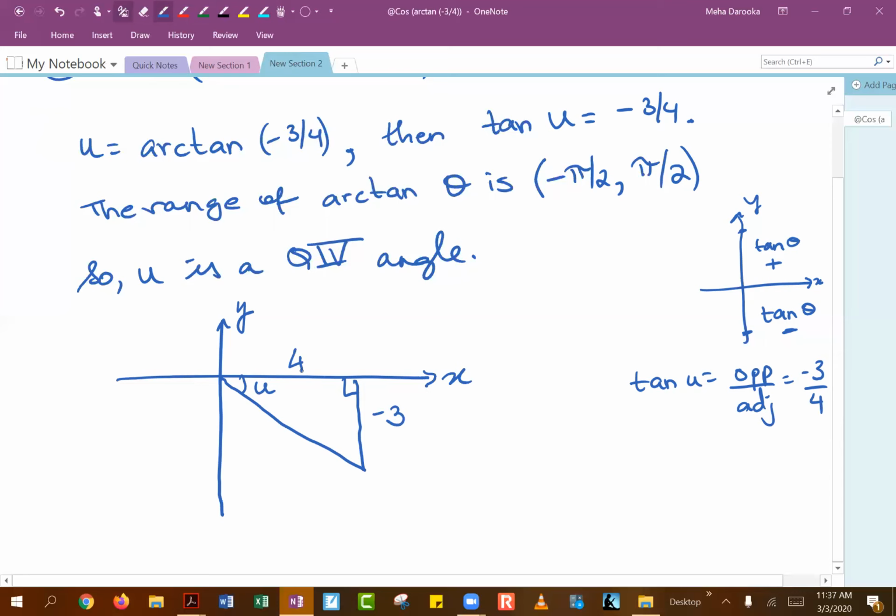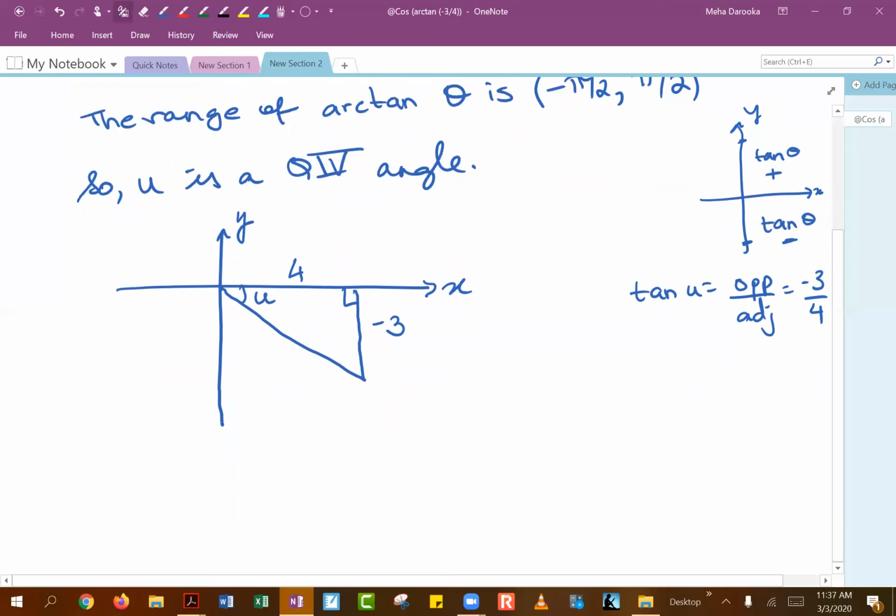So using that, we need to calculate our hypotenuse. Using the Pythagorean theorem, what do we get for this side? 5. Yeah, because you're going to do 4 squared plus -3 squared, and then you have to take a square root to find the missing side. Yeah, very good.